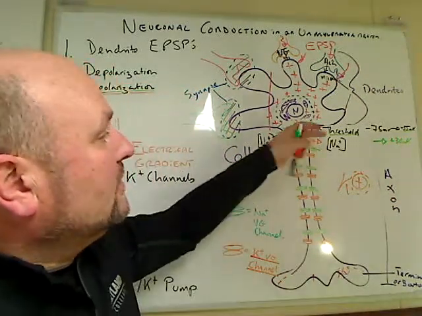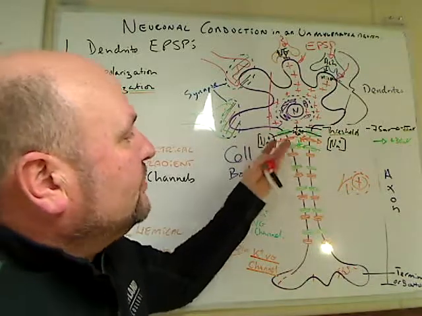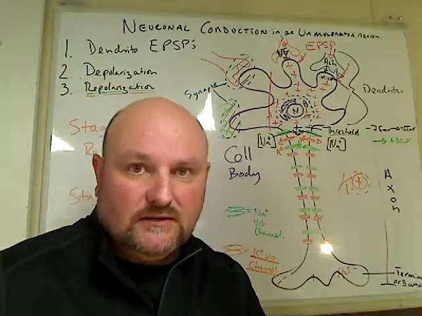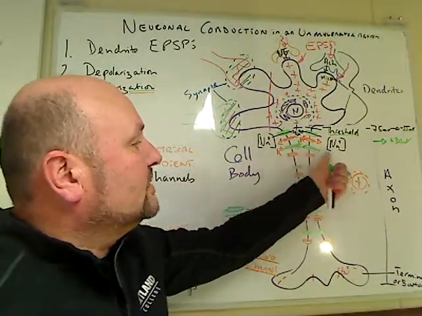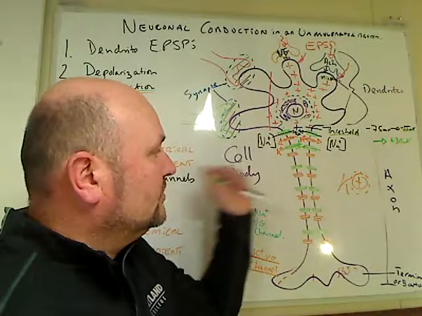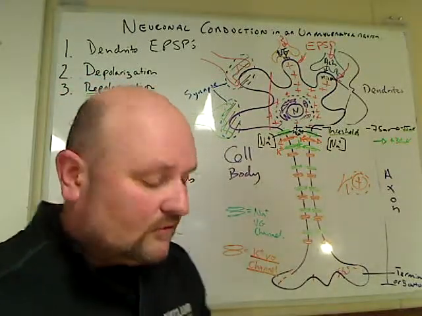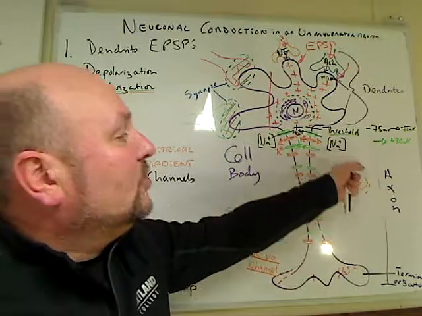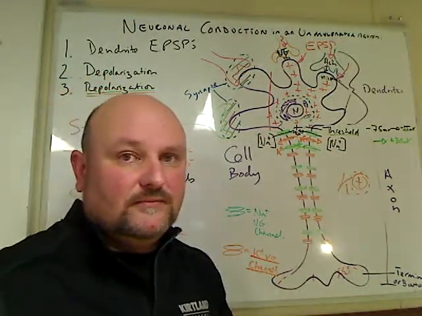So if you open up a door and let all this positive charge on the sodium come in, but then open up another door and let the potassium leave, because it's got a higher concentration inside than out, so when you allow it to do something it will leave by its own diffusion, then what was positive can go back to becoming negative.